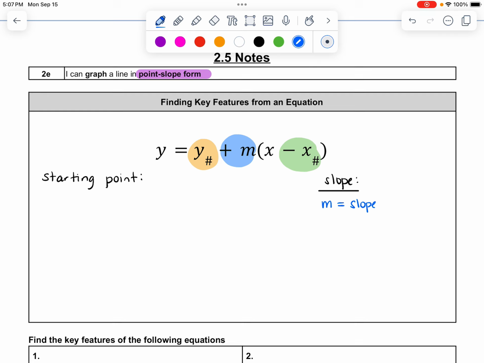In this equation, the m is always going to be the number that is multiplied by the parentheses. You're going to see an x inside the parentheses, and the m is always going to be multiplied by the parentheses at the beginning of it.